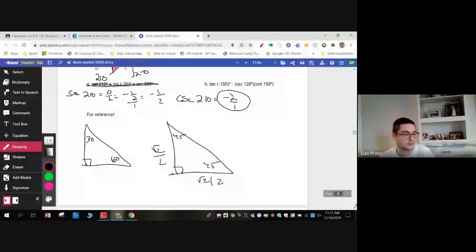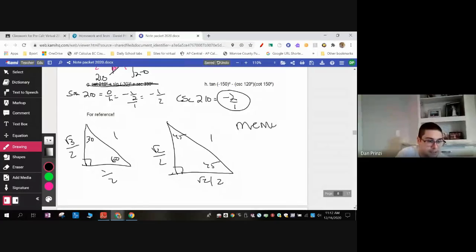Remember, same angle, same sides. On a 30, 60, 90, you have a half, radical 3 over 2. A half is always across from the 30, and 60 is always across from radical 3 over 2. Again, these are the only two you have to memorize. I promise. And that's it. The 5 or 6 of you that are doing the dual credit, this is what you'll have to make sure you know.